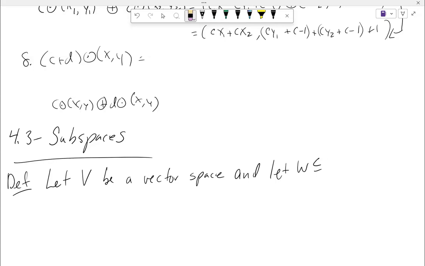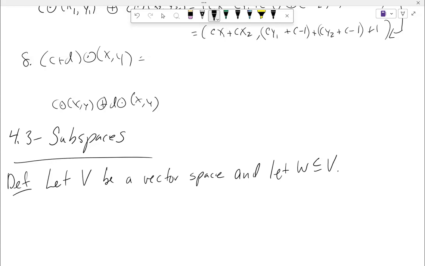When we're talking about subspaces, we start talking about subsets. That's our subset symbol. If you're not familiar with it, it just looks like an elongated C with an equal sign. It's supposed to make you think of less than or equal to. So W is a subset of V, so it just means it's a piece of V, maybe all of V. It also has to be non-empty.